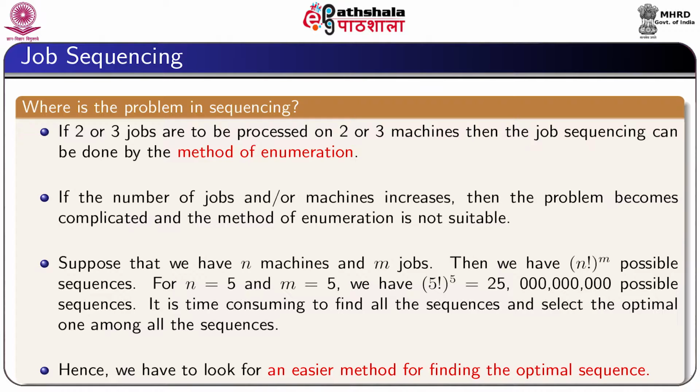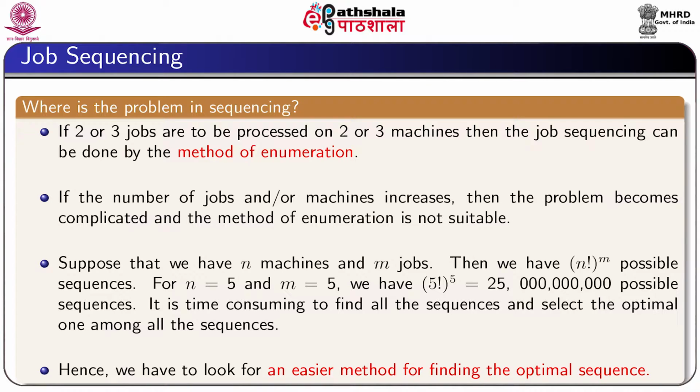As you know, if we have n machines and m jobs, then we have (m factorial) to the power n possible sequences. For n equal to 5 and m equal to 5, we clearly have (5 factorial) to the power 5, that is, about 25 into 10 to the power 9 possible sequences.